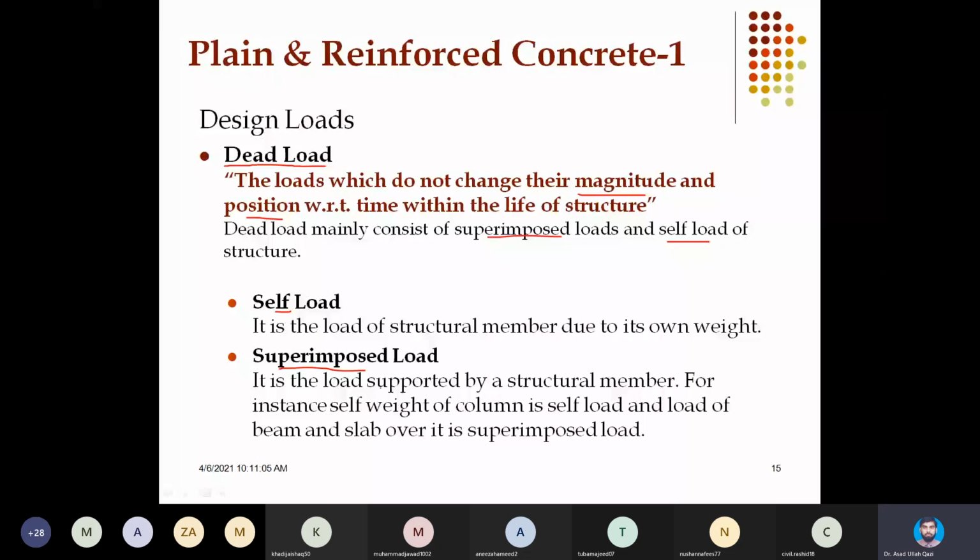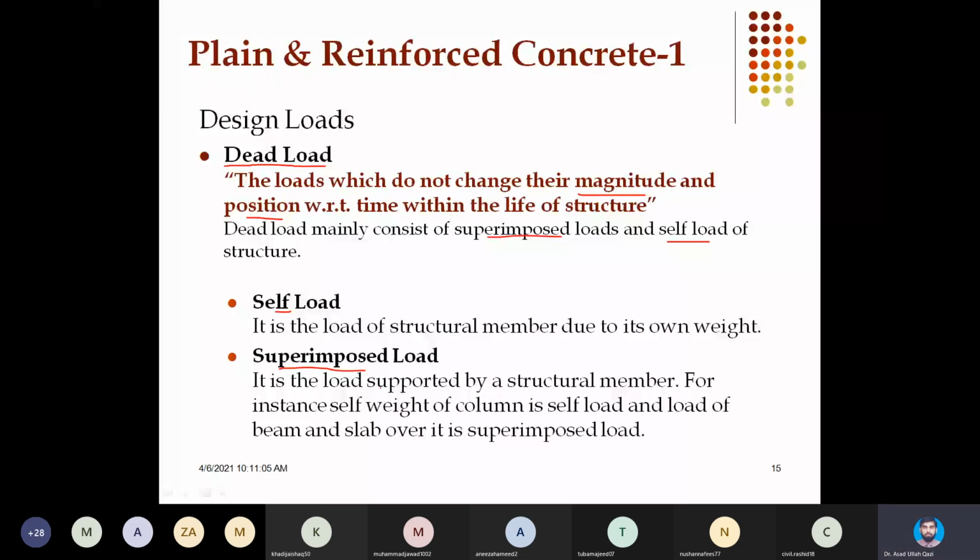well as if you know the thickness of the floor finish, particularly in building structures, slabs, as I said in my previous lecture, are transferring the load to the beams and then beams to the column.